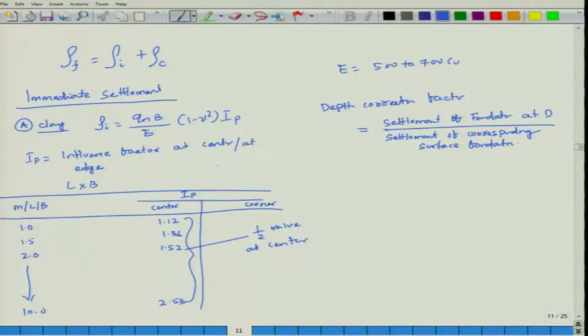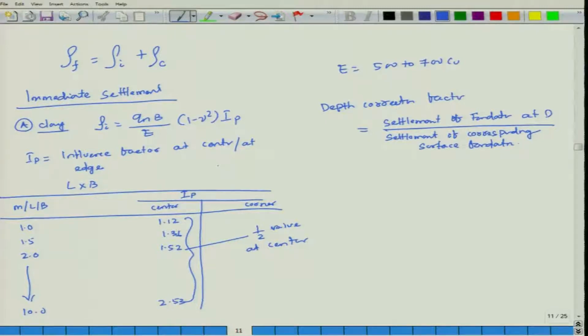Right now we are discussing immediate settlement for clay. So, the immediate settlement rho i is Qn into B by E into (1 minus mu squared) into Ip. Qn is your net foundation pressure, B is the width of your footing, E is your modulus of elasticity, mu is Poisson's ratio, Ip is your influence factor at the center or at the corner.